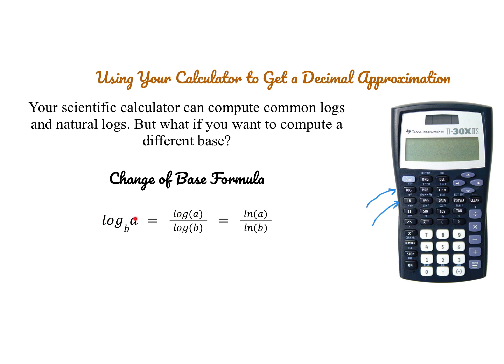So notice this term goes on the top and the base goes on the bottom. Or you could do the natural log of a over natural log of b. And this is something that you can plug into your calculator to get a decimal approximation. And whether you use common log or natural log, you'll get the same result. So again, we really just use the change of base formula to take a logarithm that our scientific calculator can't compute and write it in a way that it can, so we can get a decimal approximation when necessary.